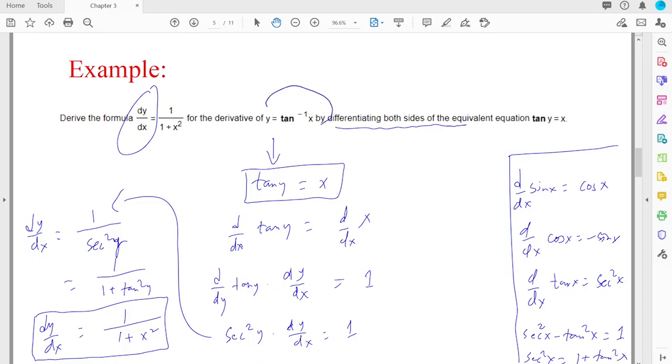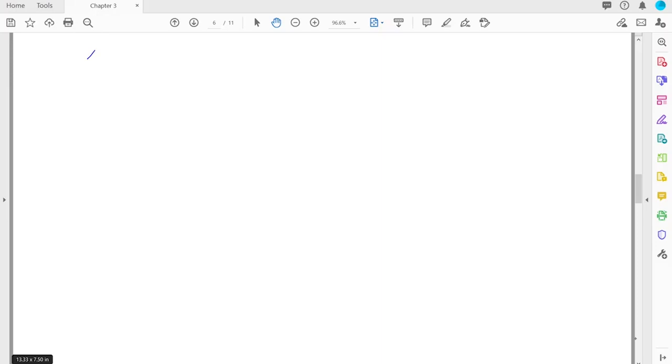But what is y? y is tan inverse of x. So the derivative of tan inverse of x with respect to x is 1 over 1 plus x squared. Okay, so that's the first formula. The derivative of tan inverse x is 1 over 1 plus x squared.